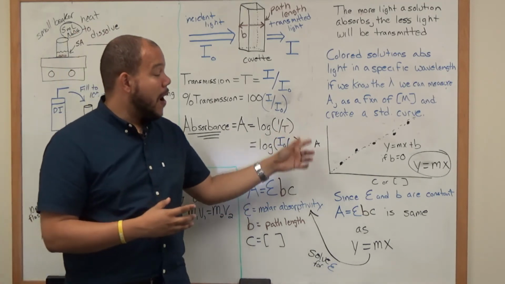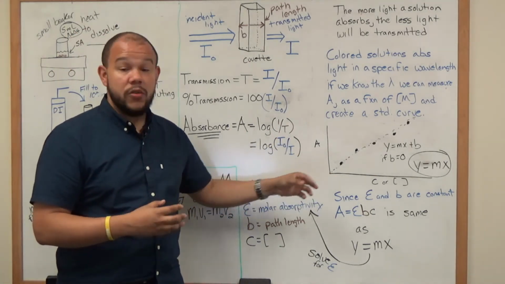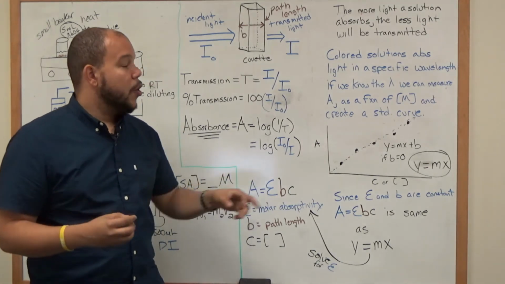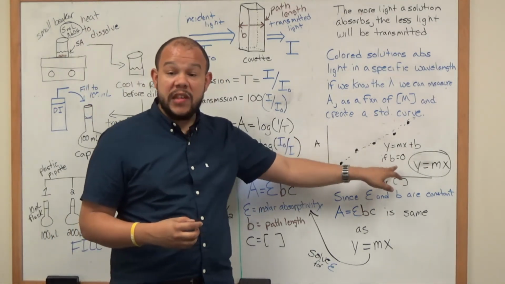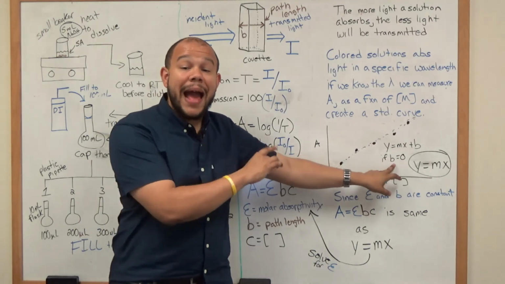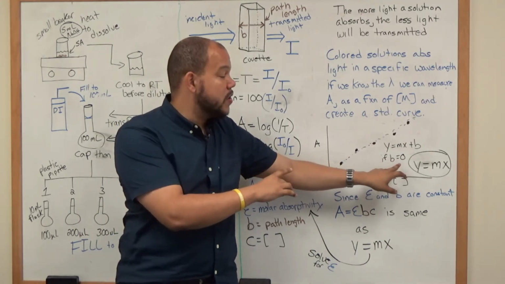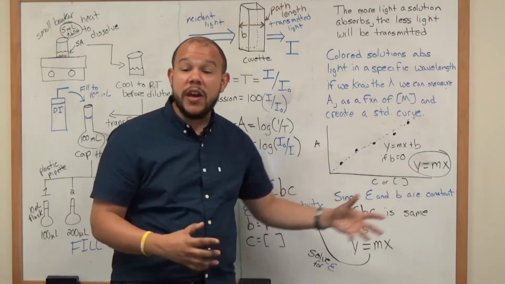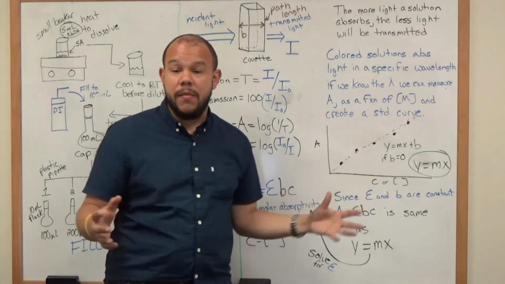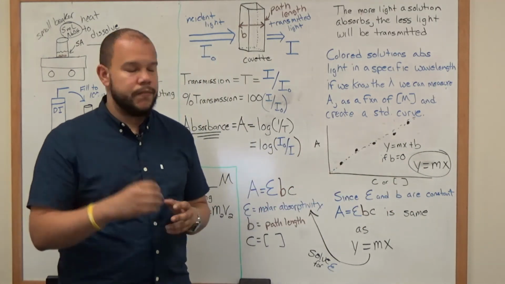So our y value and our x value at 0 should be the same. What that means is, if we set b, the y-intercept, equal to 0, then we end up with an equation that is effectively y equals mx with a y-intercept of 0.